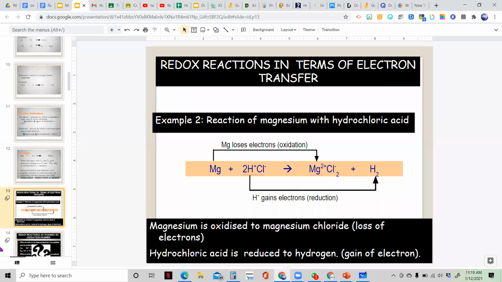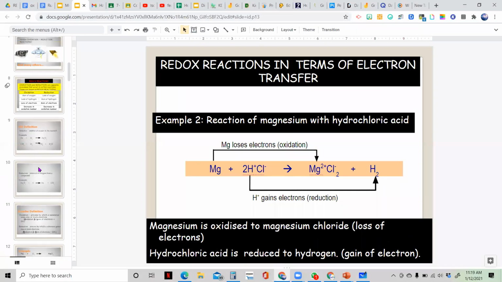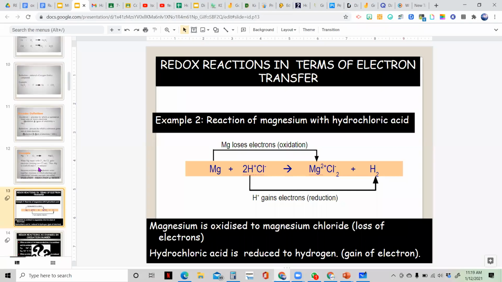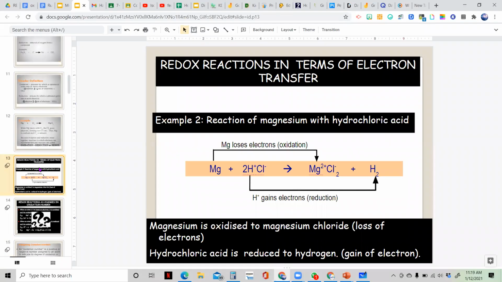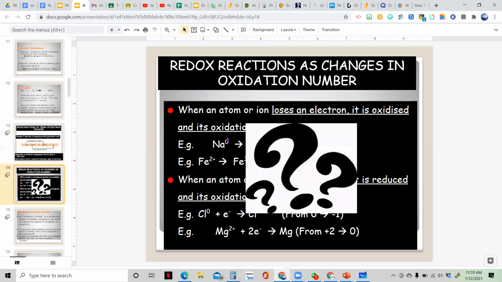All right, so we will pause here. You can go home and read up on it. You have the textbook, you have the rental book, you have the book that I posted online. You are going to read it over, and on Thursday we are going to look at our next definition, which looks at redox reactions in terms of oxidation numbers.